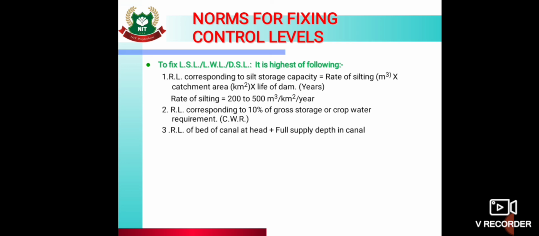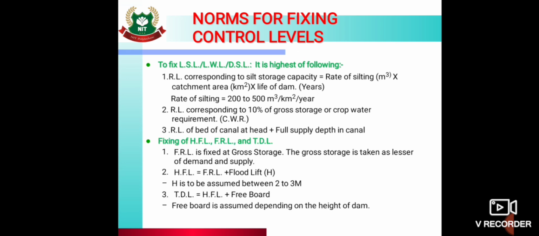So this will give you silt storage capacity. Then rate of silting is equal to 200 to 500 meter cube per kilometer square per year. Then RL corresponding to 10% of crop storage or crop water requirement. Then RL of bed of canal at head plus full supply depth in canal.